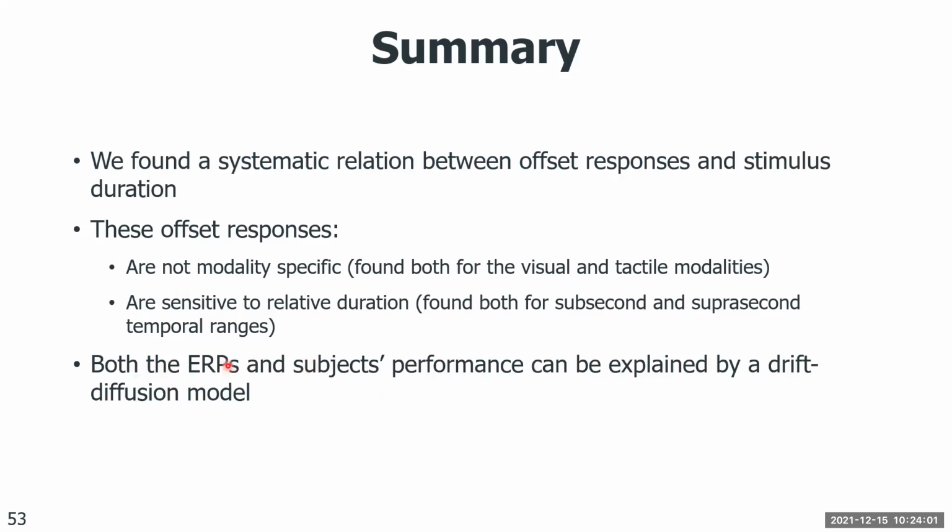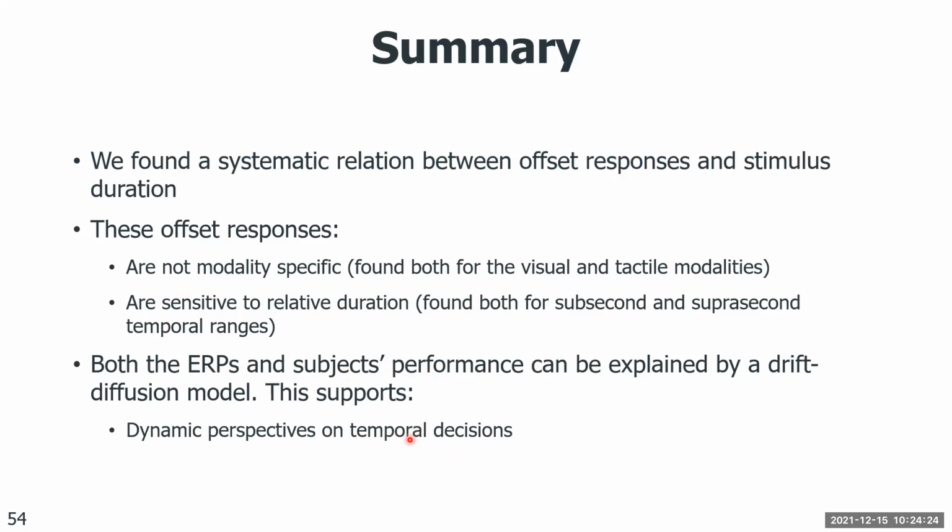Now, both the ERPs that we found and the subject performance in the task can be explained by a drift diffusion model. And this fit supports, first, a dynamic perspective on temporal decision-making, which can take place in a dynamic fashion.